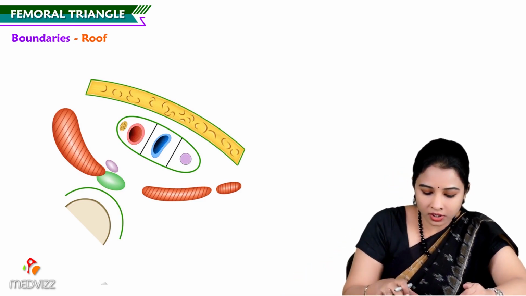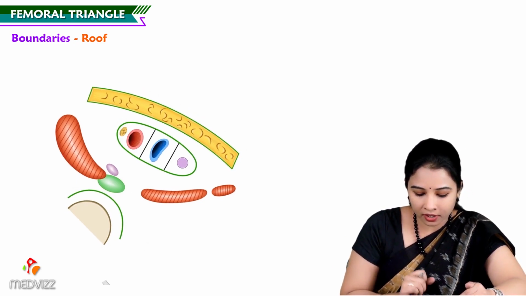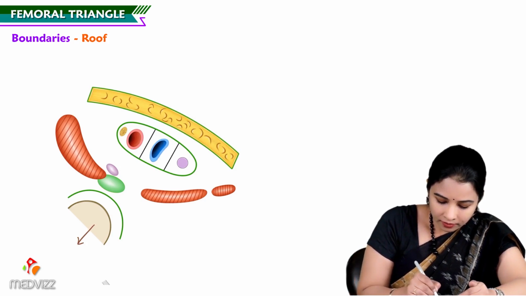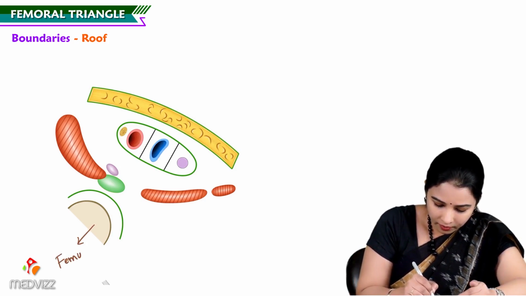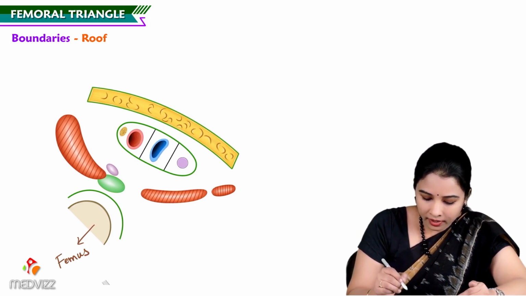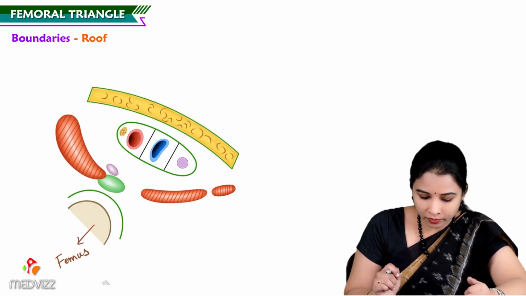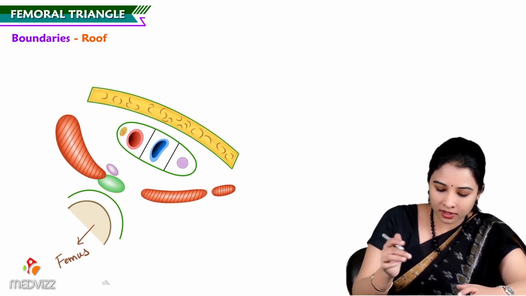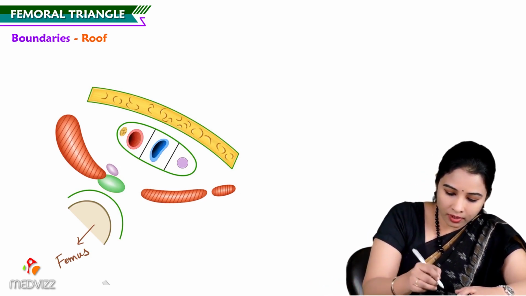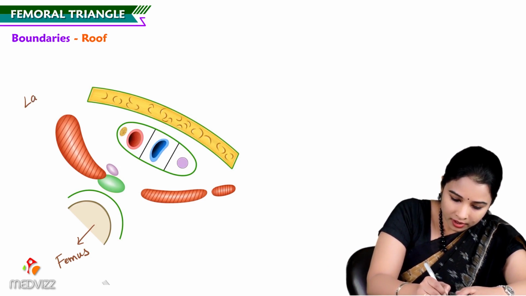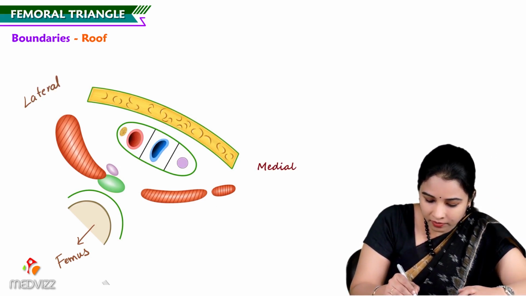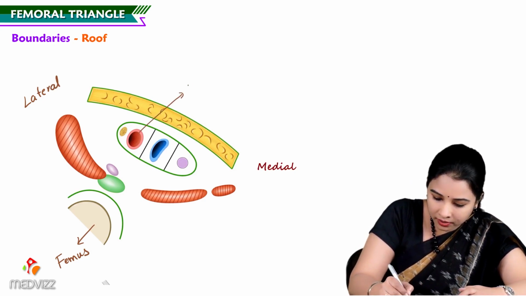Here is the cross section along the femoral triangle exposing the contents, and on the other side we can see the femur here. This is femur and the muscles present in the floor, lateral to medial. So which is lateral, which is medial in this cut section? The lateral one will be the artery here, arterial side. The medial side, you can see the vein here, and next to the vein, this is the femoral artery.